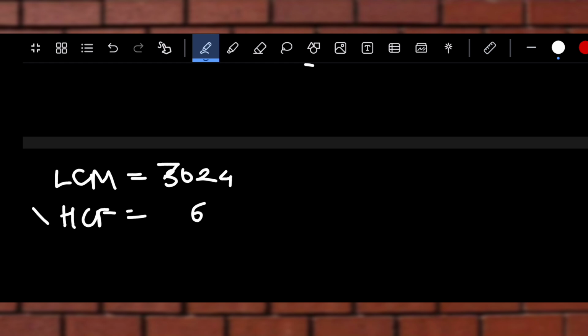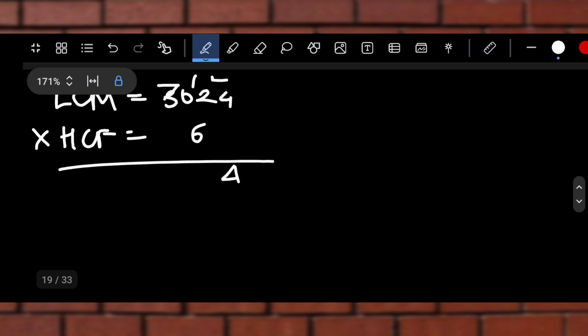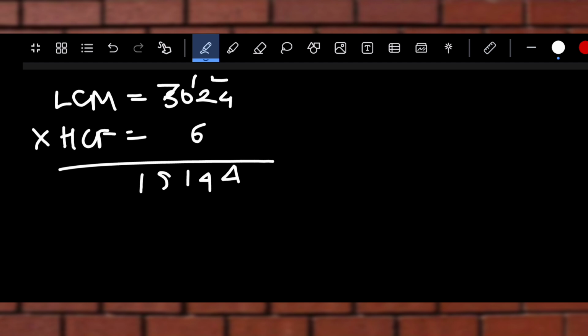So when we multiply both these numbers, 6 into 3024, we got 18144.